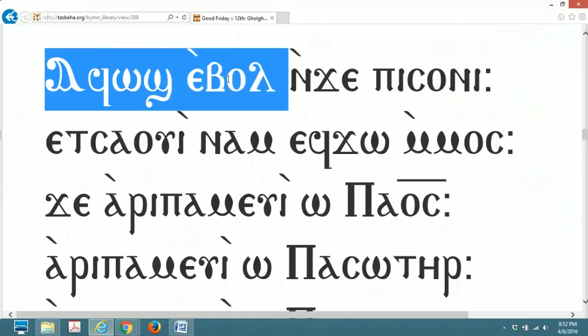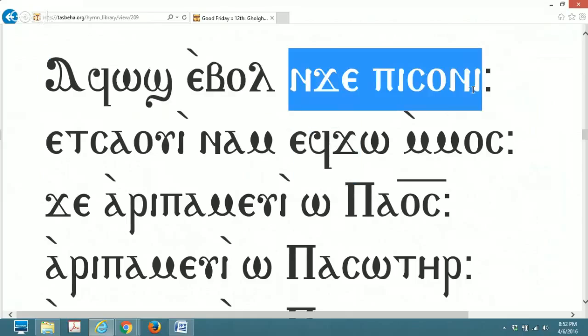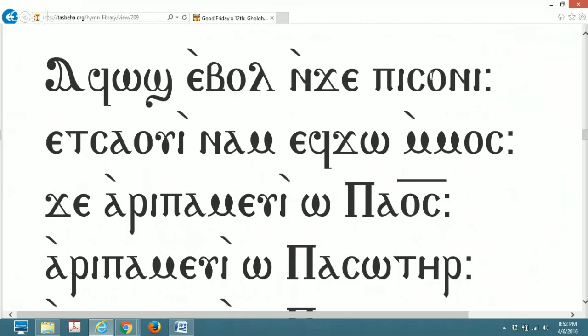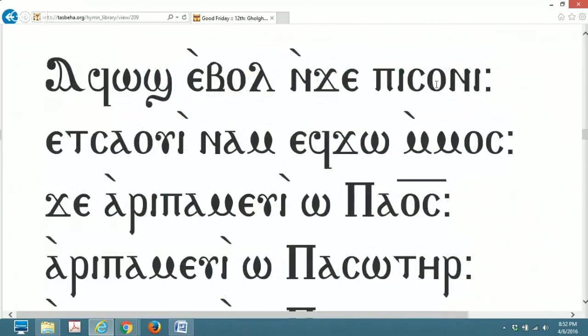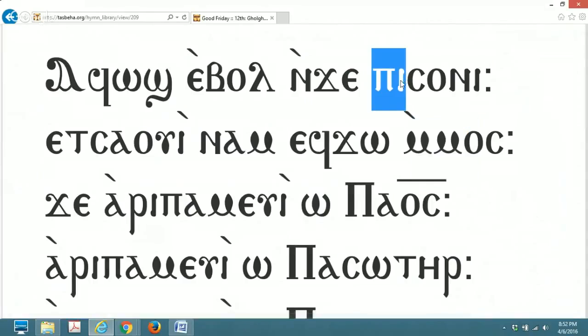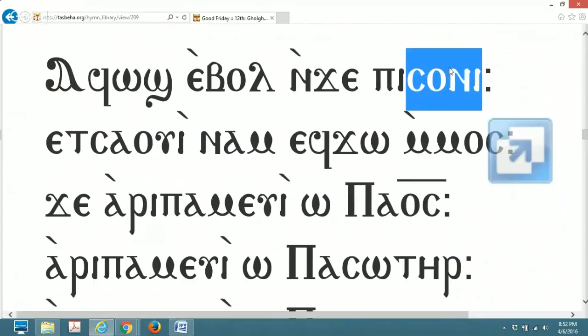So of Osh Evol, he cried out, of Osh Evol, in Je Pisoni, namely the thief. Remember, because Pisoni with an O instead of an omega wouldn't be Pisoni, it would be T-Soni, because sister is feminine. So that's another clue that you know that Pisoni means the thief, masculine. Because if this meant sister and had an omega here, it would be T-Soni.